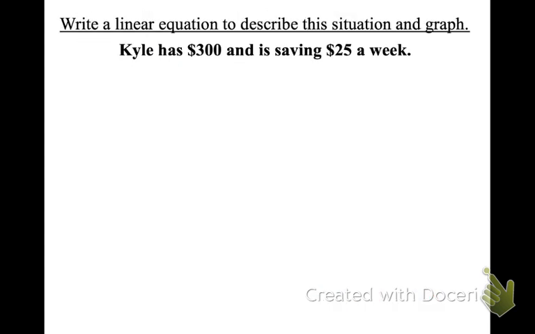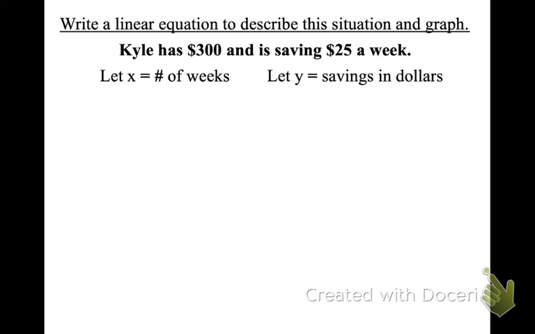All right, now we're going to write a linear equation describing the situation. So Kai has $300 and is saving $25 per week. What's changing is the number of weeks, so that becomes your x. So we'll say x is your number of weeks, and y is the money, his total savings.